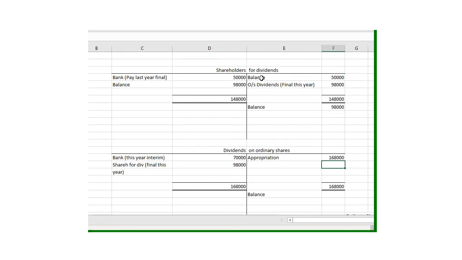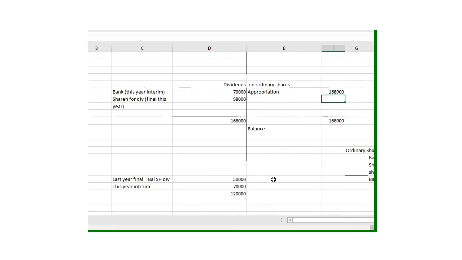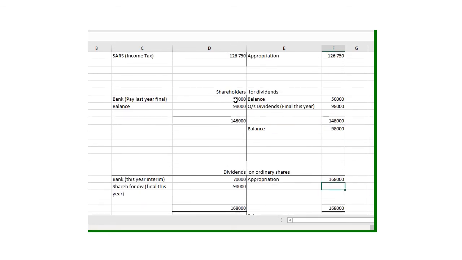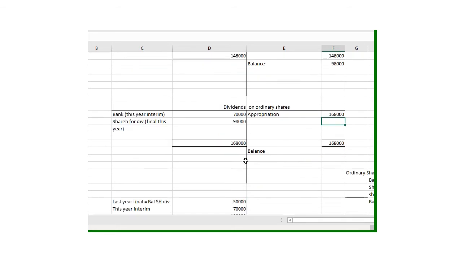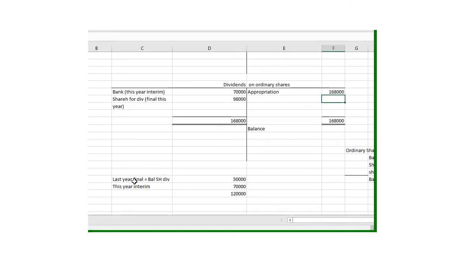So for cash flow, what did I pay? 50,000 and 70,000. The 50,000 is last year's final, or the opening balance of the shareholders for dividends, and the 70,000 is the interim. So I must just look for last year's final and this year's interim, and that is my payment for dividends on the cash flow statement. So it's simply 50 plus 70.